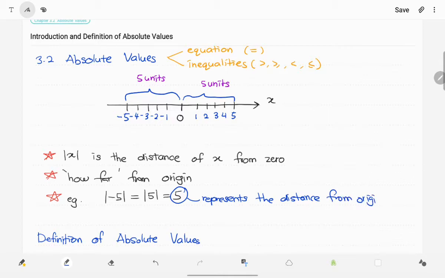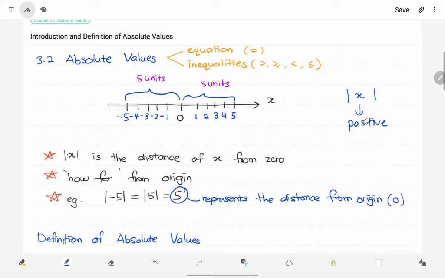As we know, the origin is 0. So anything in modulus will always become a positive value.